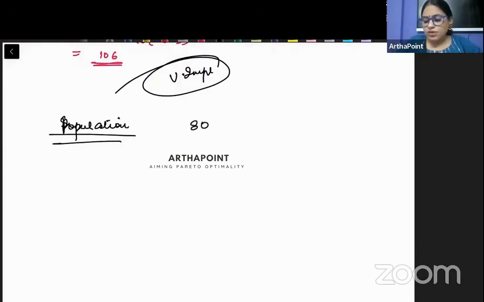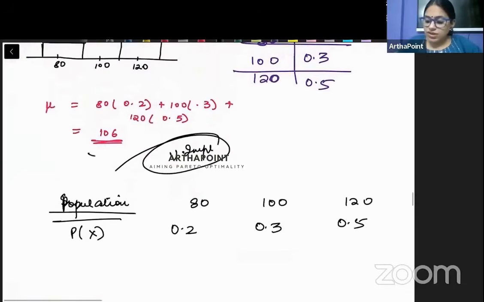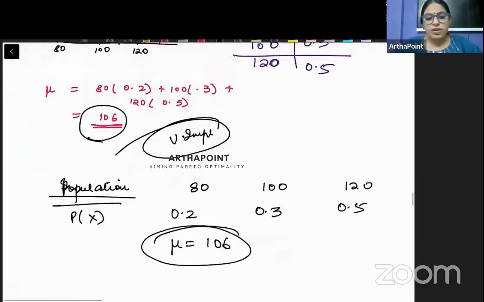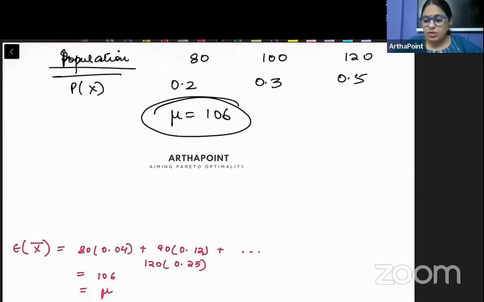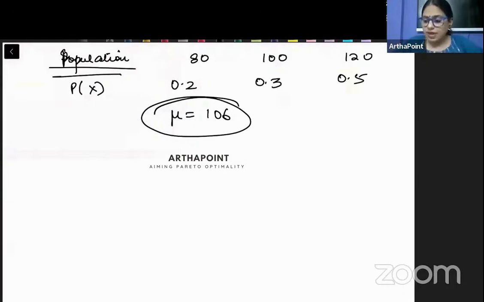Either my revenue could be 80 or 100 or 120, and we were given the corresponding probabilities 0.2, 0.3, 0.5. हमें population के बारे में पता था. And then we found out that the mean of the population is 106. Then we started making samples. जब हमने इसमें से sample बनाया, तो sample could have had any two observations.